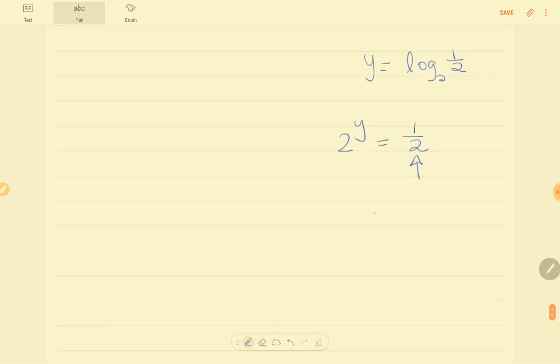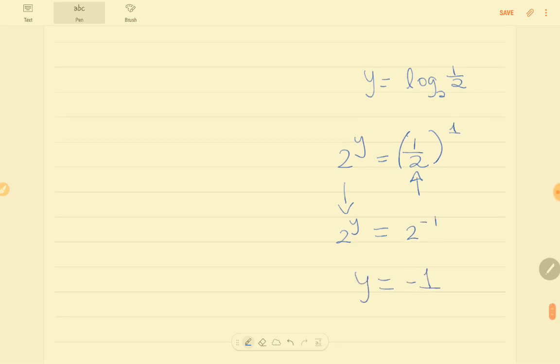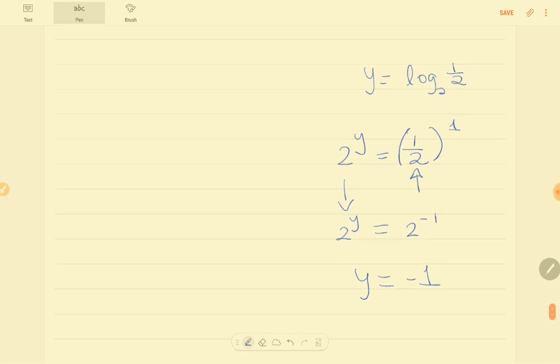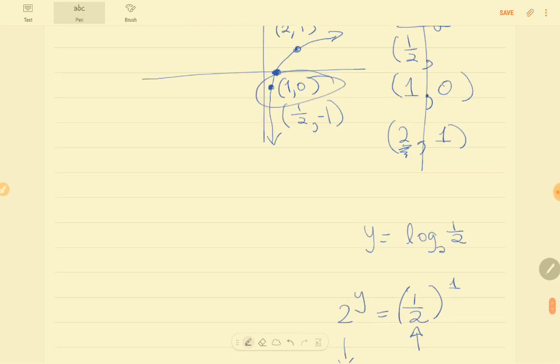So instead of 1/2 to the power of 1, I'll do 2 over 1 to the power of negative 1, or just 2 to the power of negative 1, which you don't actually need parentheses for. And bringing this down, 2 to the power of y, well, the bases are the same, which means their exponents must be the same. So with an input of 1/2, you always get a result of negative 1.